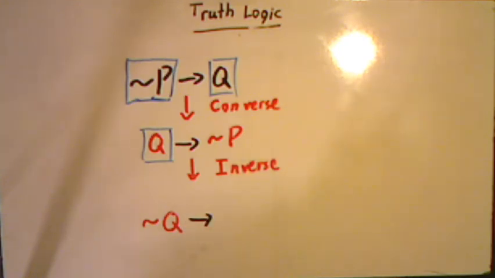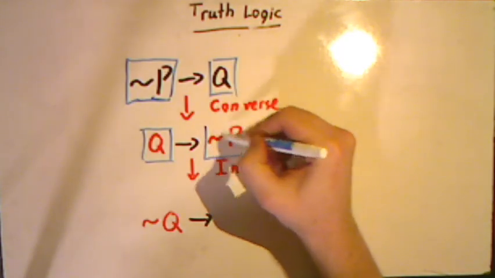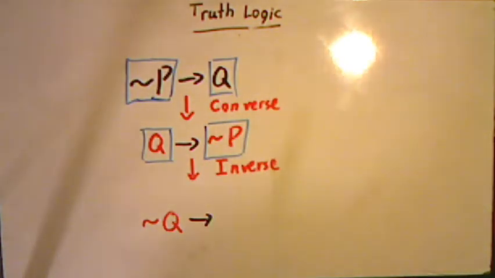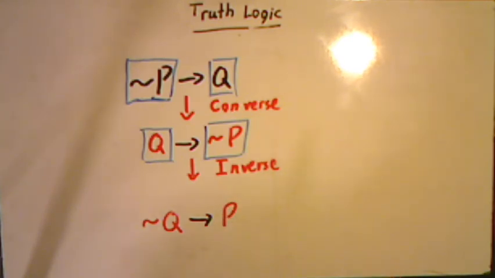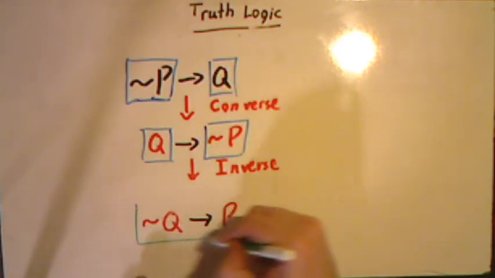For our P, however, because we're putting a negation in front of it and it already has a negative, two negatives make a positive. So we get left with a positive P. So in this case then, we get our final answer as such, and that was our contrapositive.